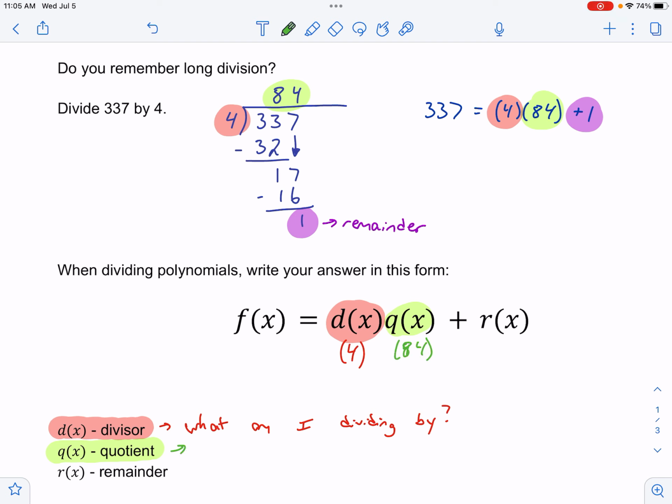The quotient is the result of the division. And lastly, we had our remainder, r of x.